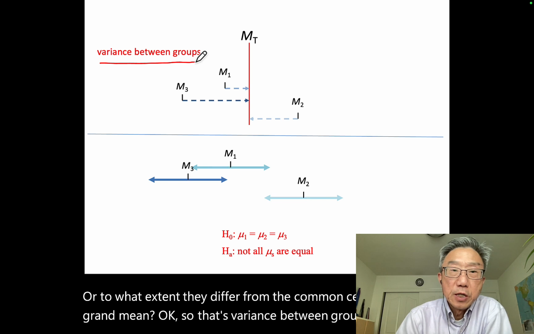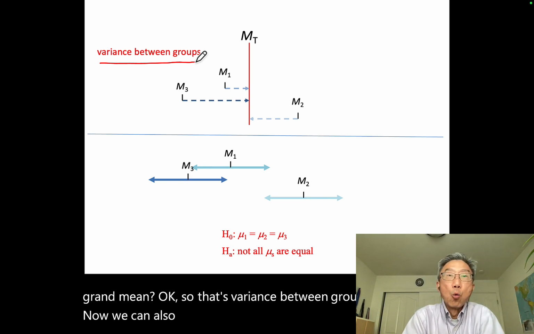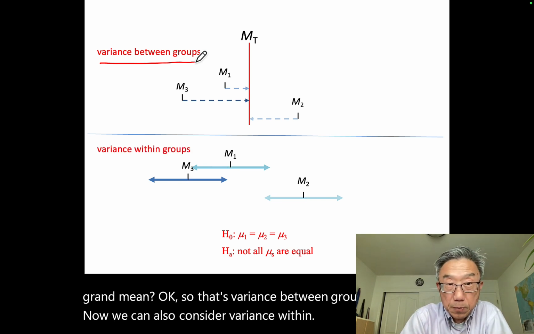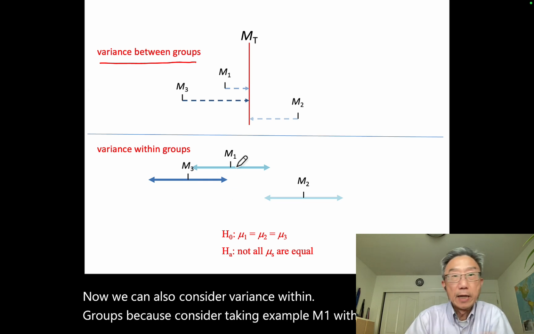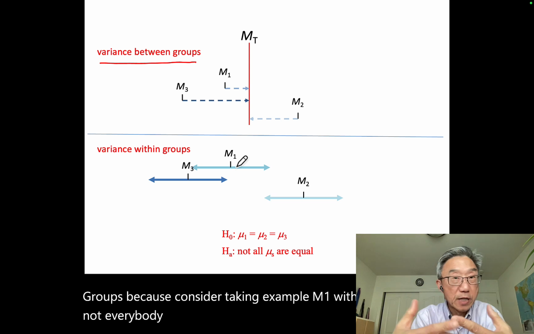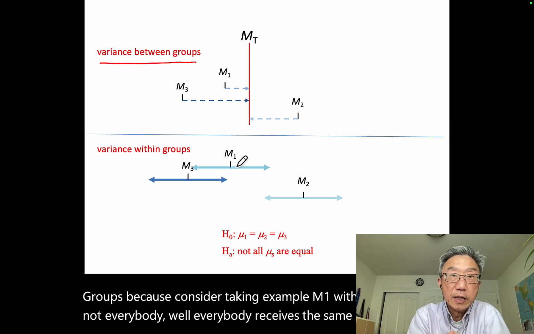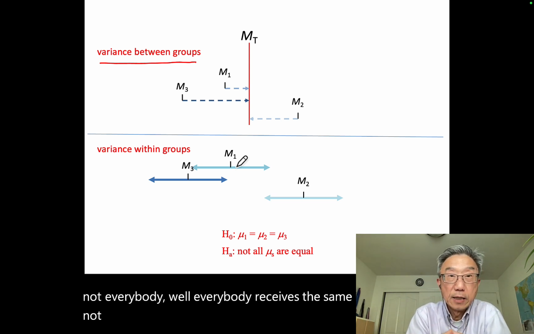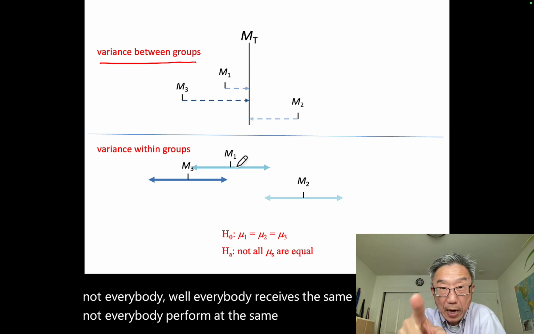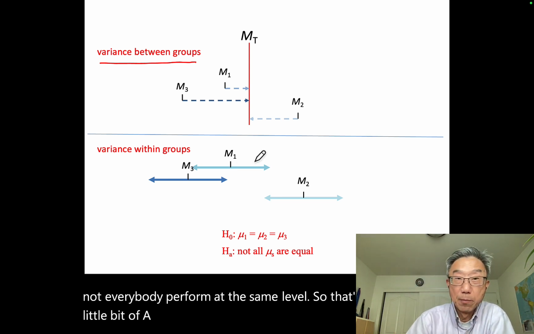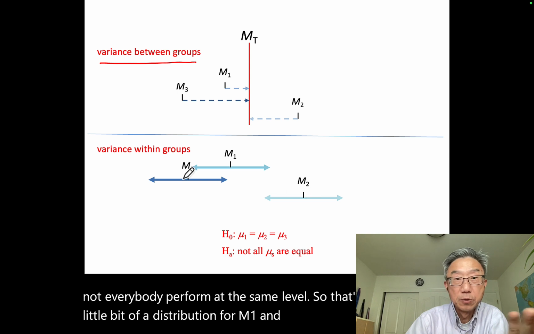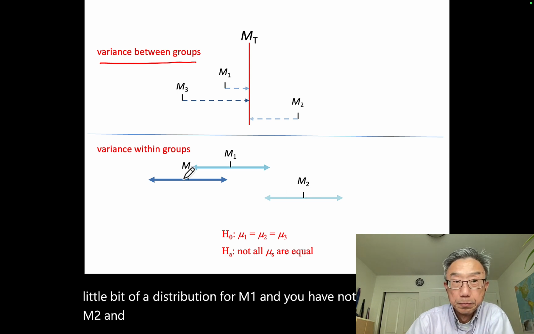Now, we can also consider variance within groups, because take the example M1. Within condition number 1, everybody receives the same treatment, but not everybody performs at the same level. So that's why we have a little bit of a distribution for M1, and we have another distribution for M2 and a distribution for M3.